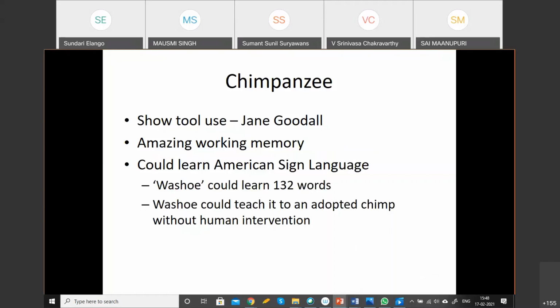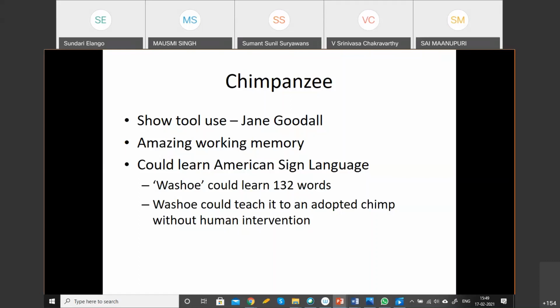Chimpanzees, like I was saying, are one of the first animals in which people have observed tool use. So this lady called Jane Goodall, I think this was in the late 19th century, if I'm not mistaken, or maybe early 20th century. This lady traveled from the UK to Africa to observe the chimpanzees.